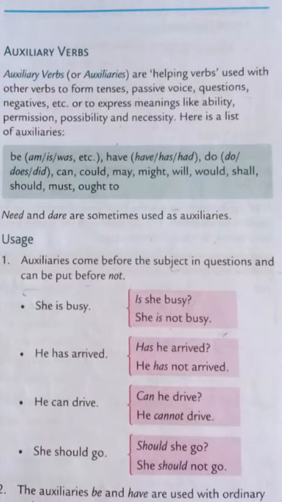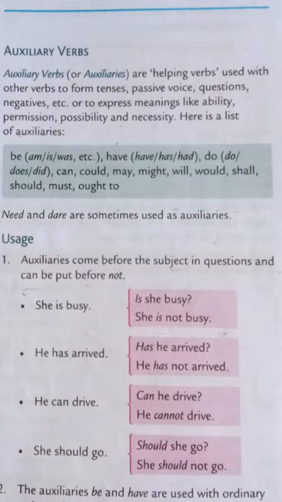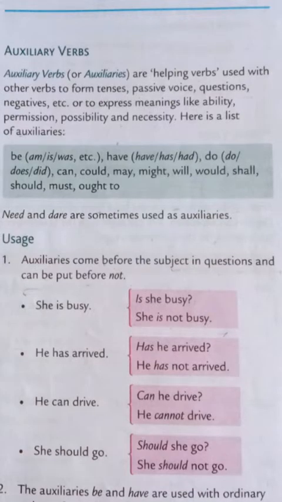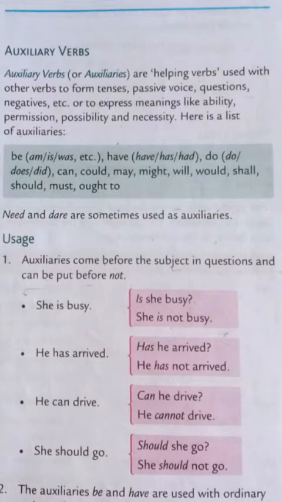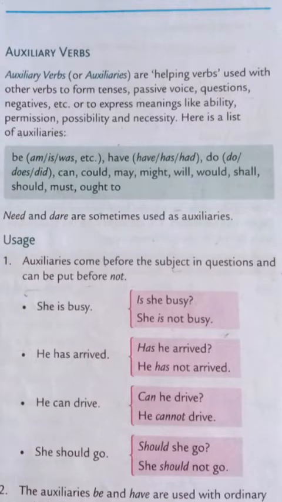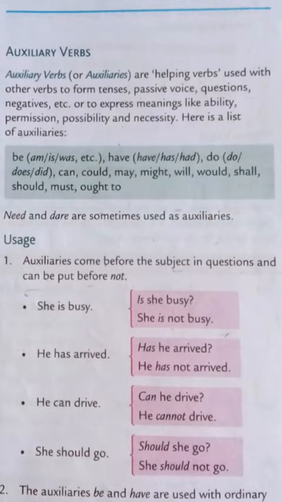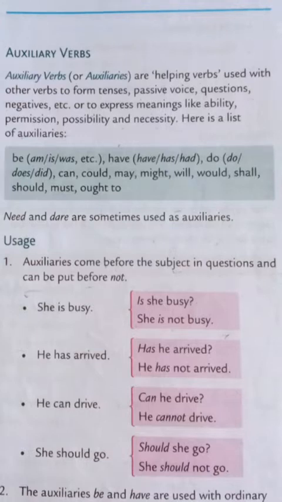She is busy. Is she busy? Here she is the subject, so before the subject, the auxiliary is is. Then, she is not busy. Before not, there is the auxiliary is.